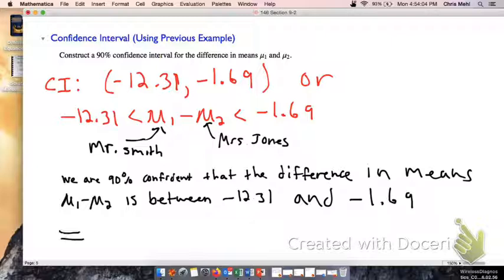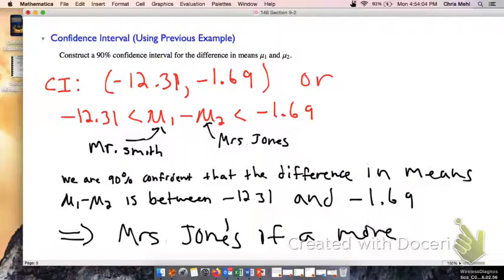And I guess if you want to think about it this way, since the difference between Mr. Smith's mean and Mrs. Jones' mean was estimated to be negative, we could say that, just like the conclusion of the hypothesis test, they're not equally effective instructors, but Mrs. Jones is a more effective teacher.